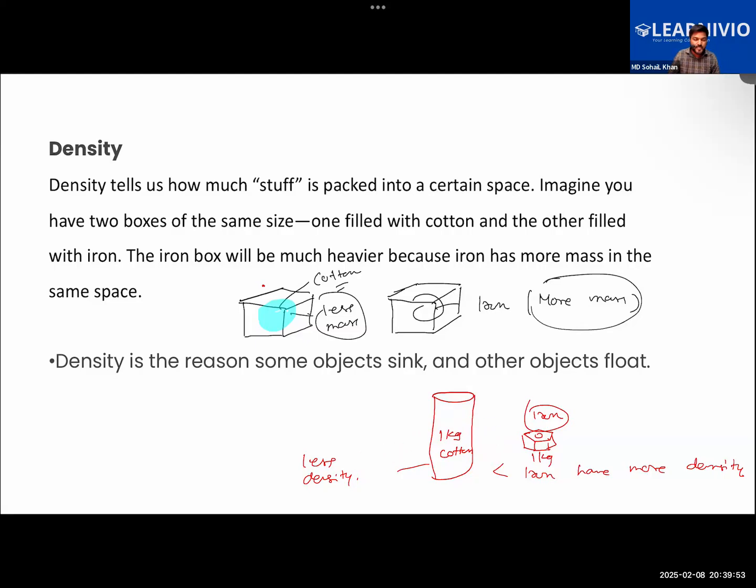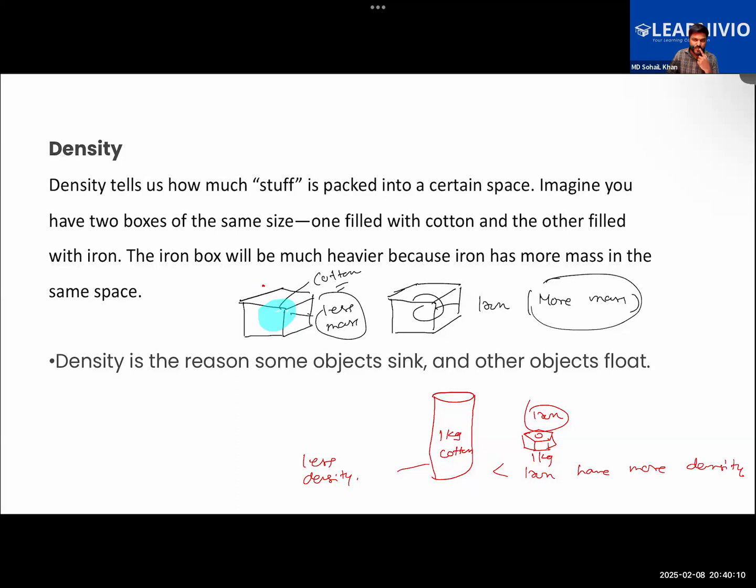For example, there was one question in the pre-cap about density. If we put cotton in water, will it sink or float?